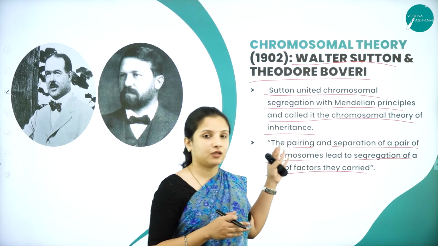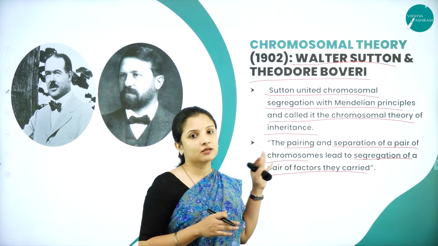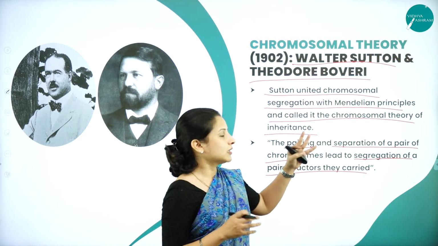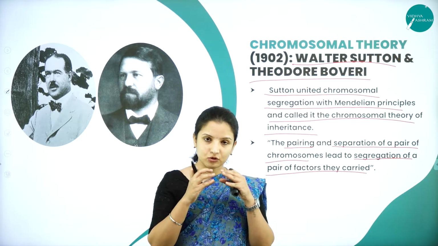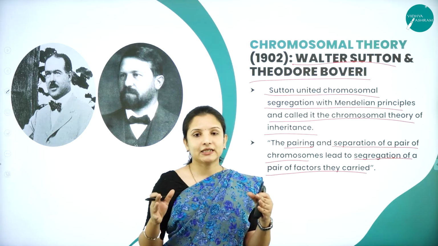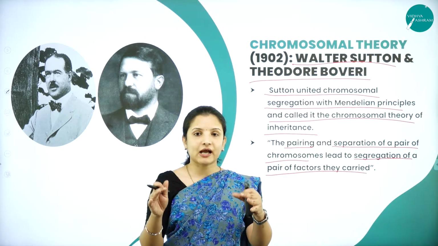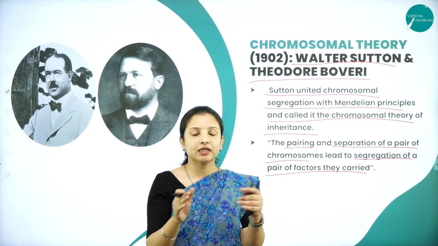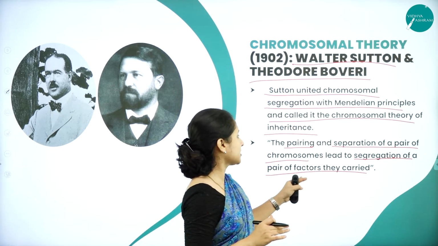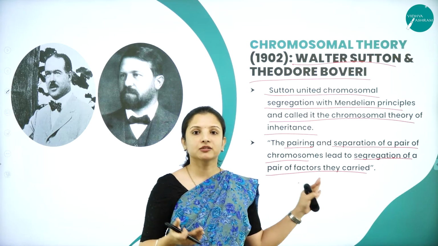That is what these scientists are also saying in the chromosomal theory. The chromosomes are first paired, and during cell division they segregate, and whatever characters each chromosome is carrying will be segregated, assorted and carried to the next generation.